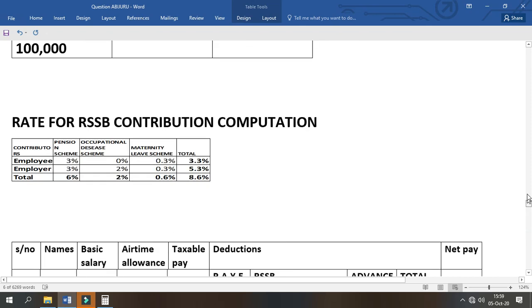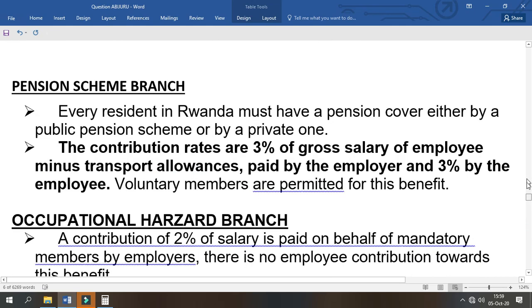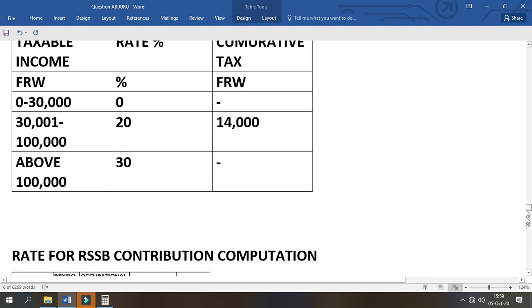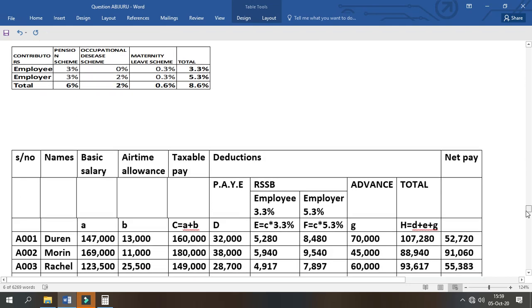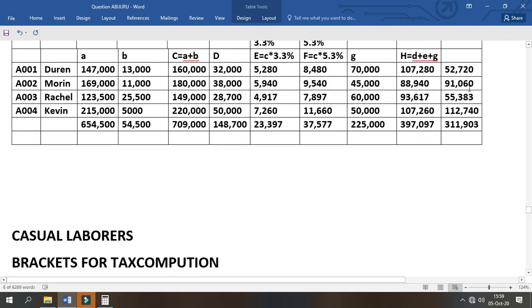Let me see our payroll. So the net pay for Dividend is equal to 52,720. This is net pay for Dividend.